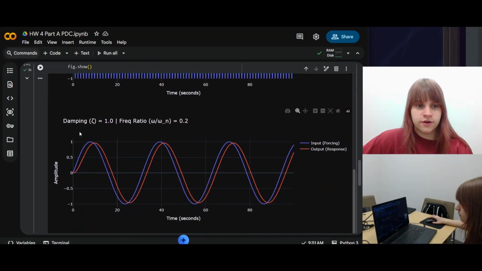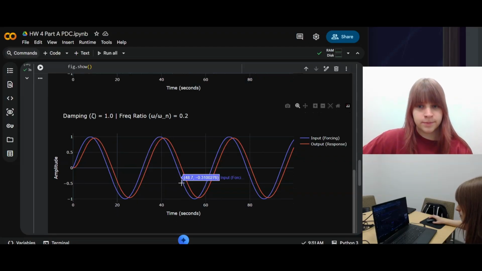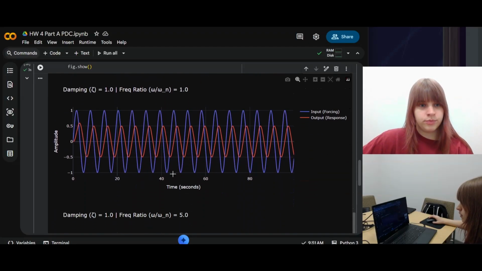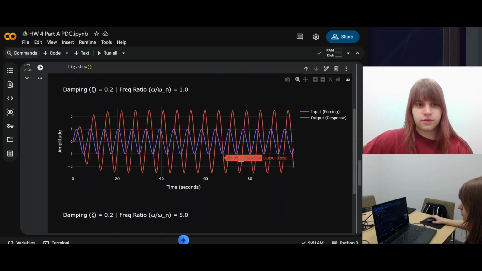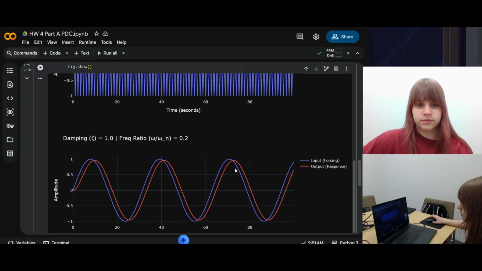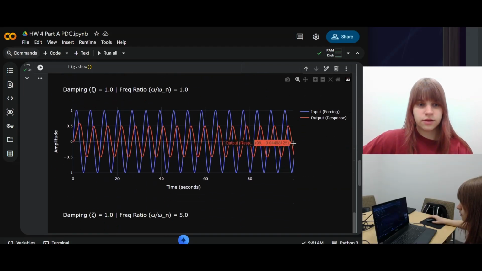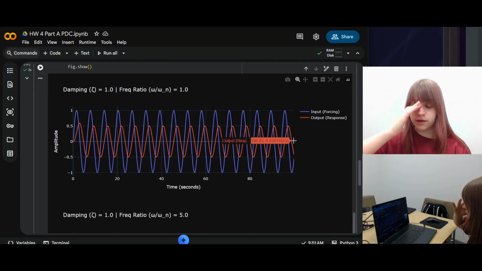And continuing, if we look at our critically damped scenario with a low frequency ratio, the output shifts very slightly. But if we have our resonance frequency, again, we see, well, actually different than what we saw with the underdamped. The output is actually a little bit smaller than the input.